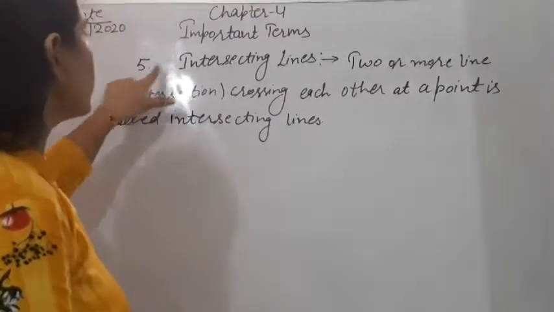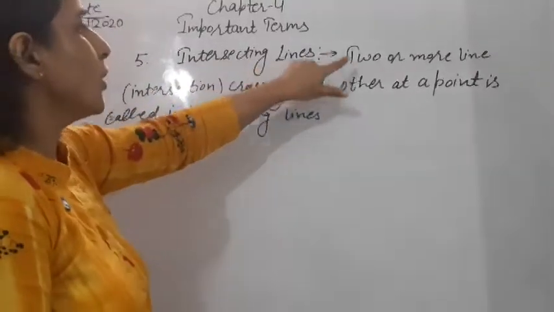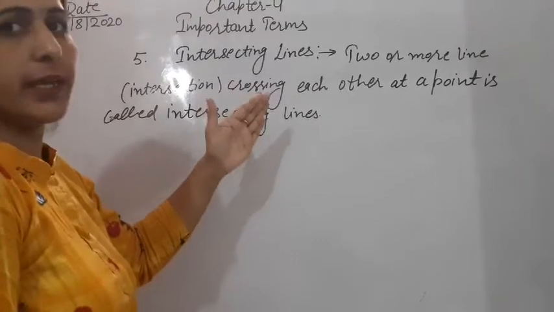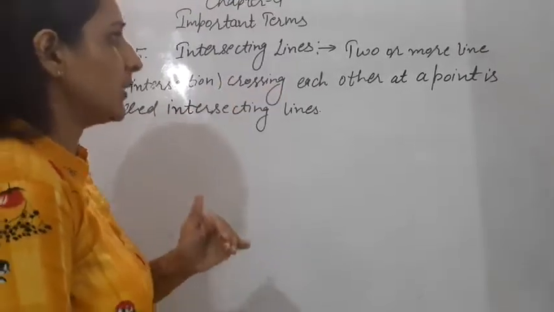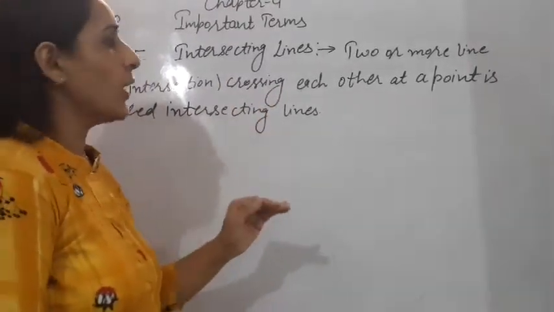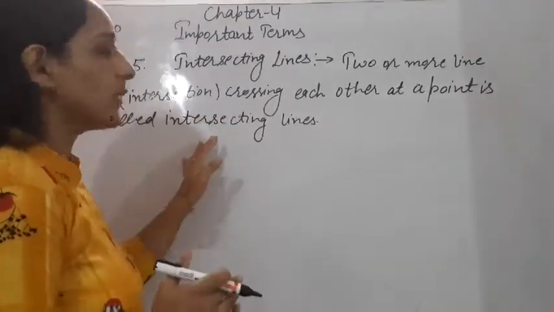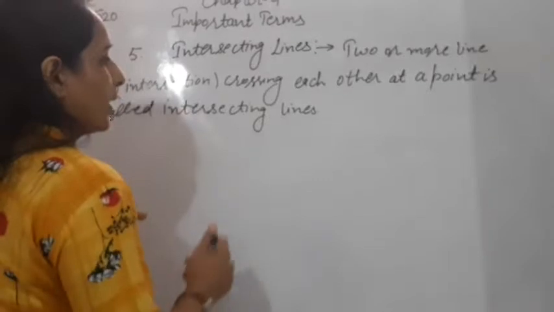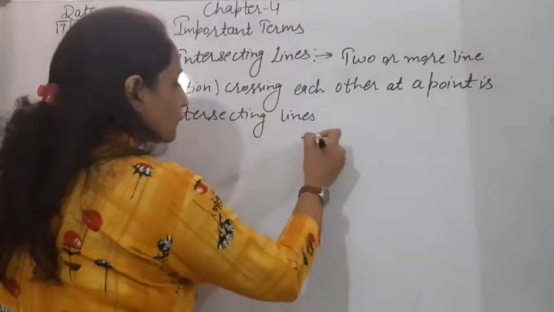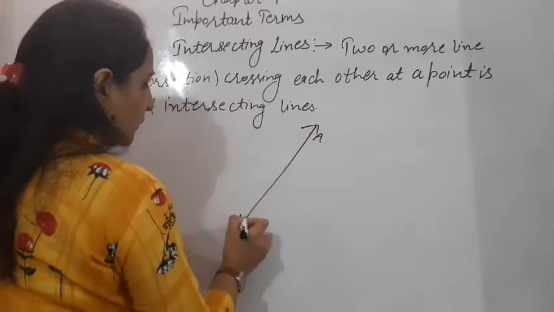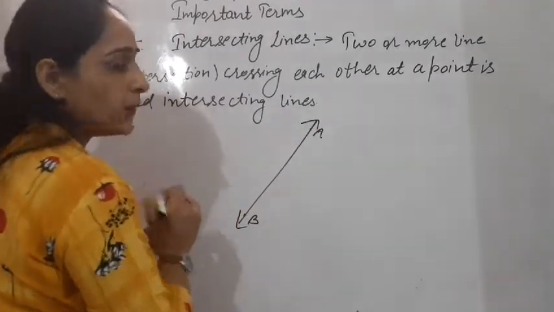Now the next is intersecting line. Two or more lines intersect each other at a point, or we can say that when two or more lines cross each other at a point, that is an intersecting line. How? See. The line is AB.